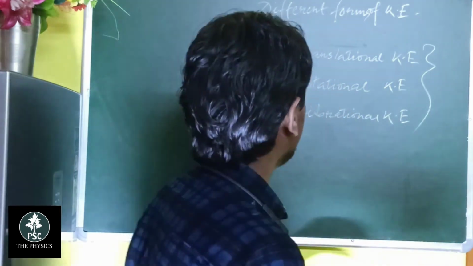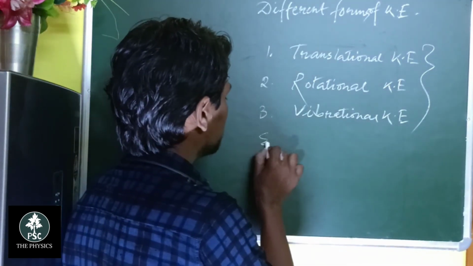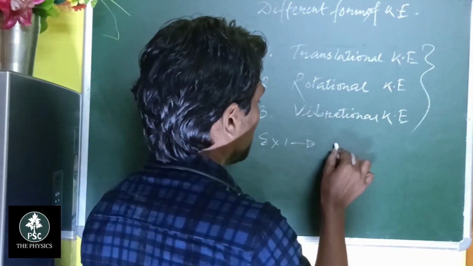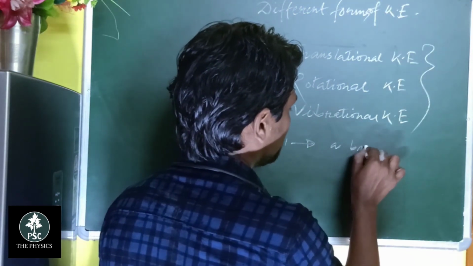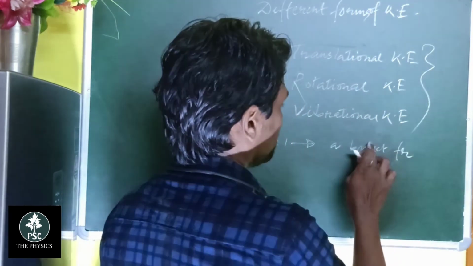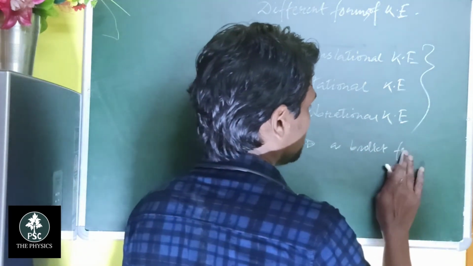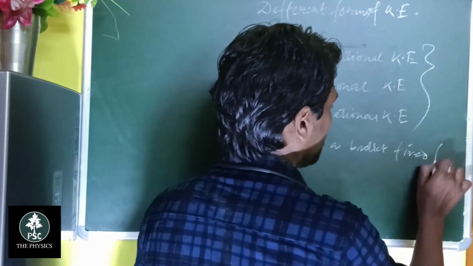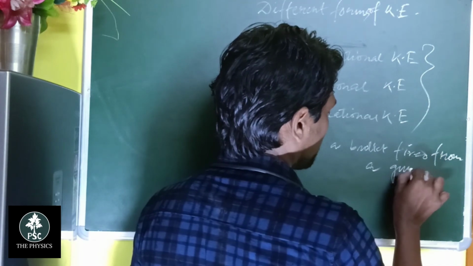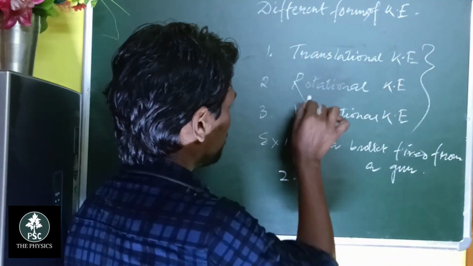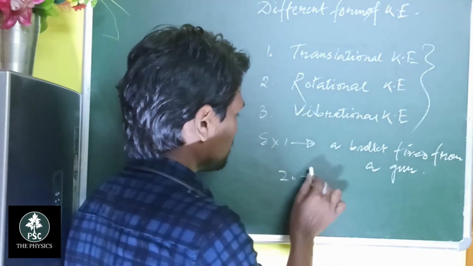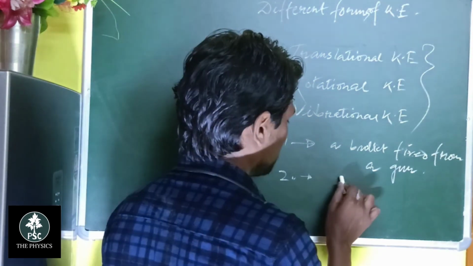Give an example for each of the following. Example number 1, related to translational motion: a bullet fired from a gun. The second, for rotational motion, is a spinning top.